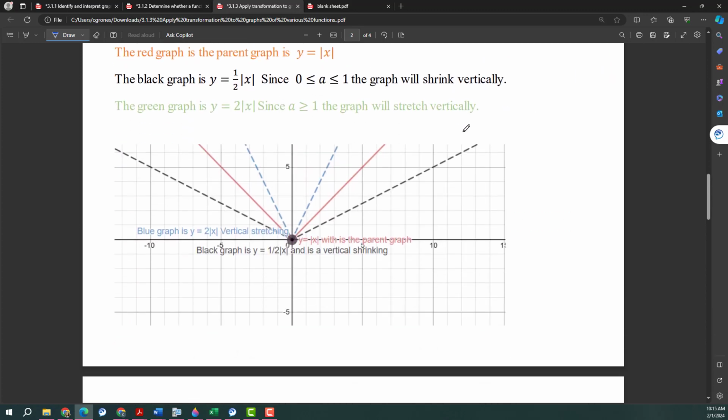If you look at the black graph, that means our original graph is going to be shrinking down. This is what it would look like, this black dotted line. And then for 2 times the absolute value, a is greater than or equal to 1, so the graph stretches vertically. That's going to be our blue graph.